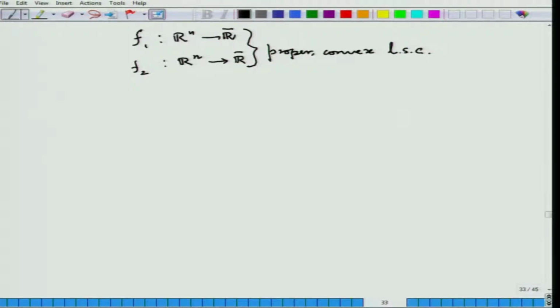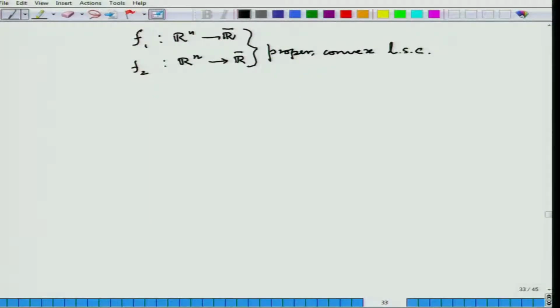I hope all of you know, lower semi continuous means that the epigraph of these two functions is closed. The epigraph is a closed set, that is the meaning of lower semi continuity. It is an if and only if condition.